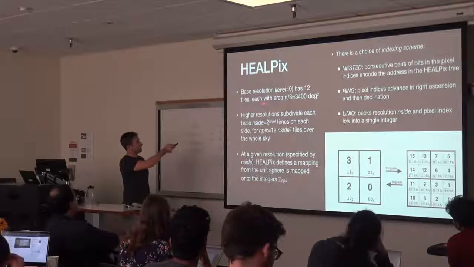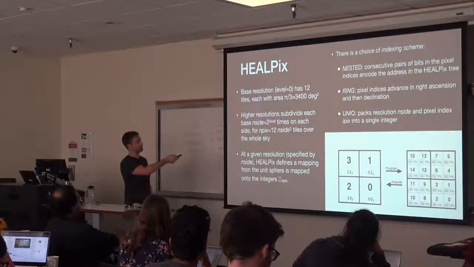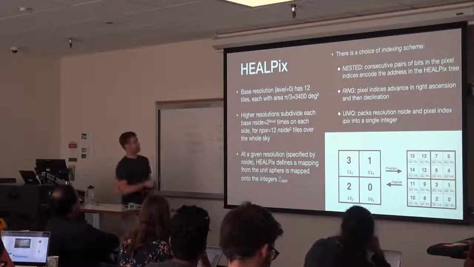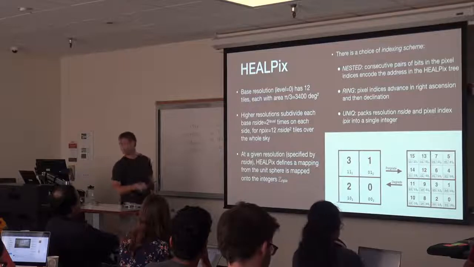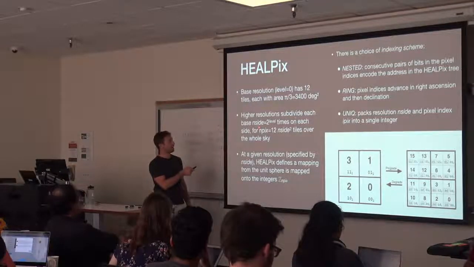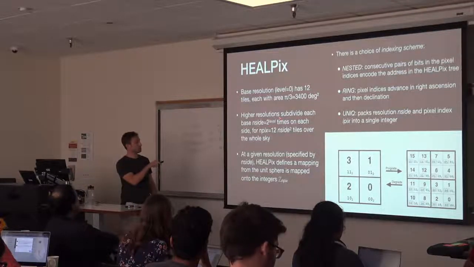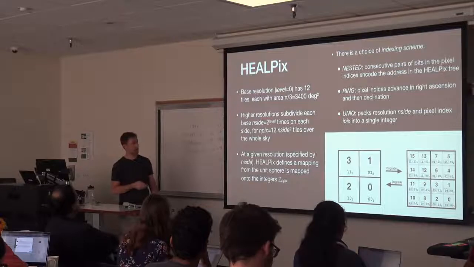So HEALPIX has a base resolution, level 0, where there are 12 tiles. Each tile has an area of pi-thirds steradians. Higher resolutions subdivide those 12 base tiles 2 to the power level times on each side.